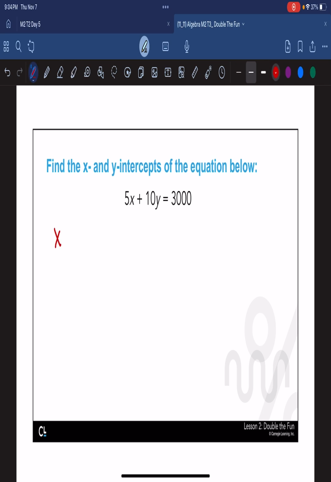So for our x-intercept, I can substitute 0 in for y. So I have 5x plus 10, instead of putting a y, I'm going to substitute that in for 0, equals 3,000.